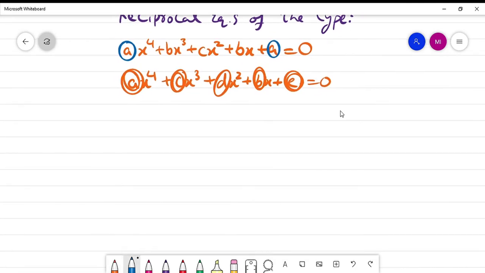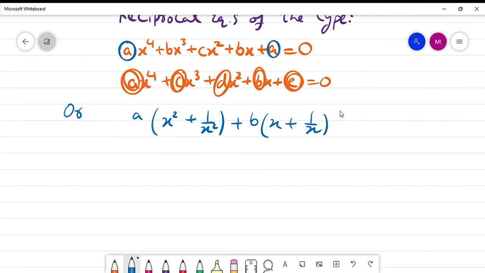And the other type is a into x squared plus 1 over x squared plus b into x plus 1 over x plus c is equal to 0. And to know if you have a reciprocal equation, like I said before, they don't change if you replace the variable by its reciprocal. So just replace x by 1 over x.